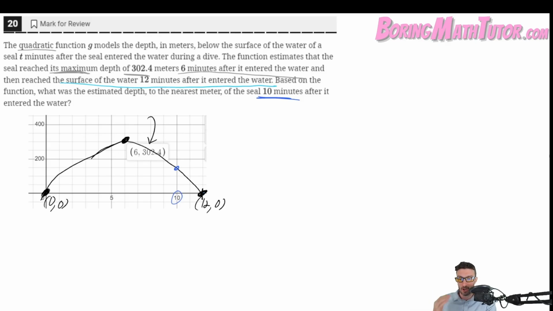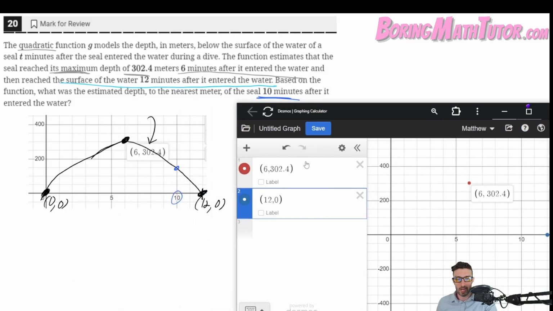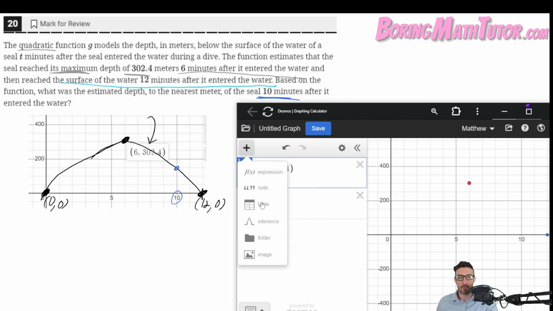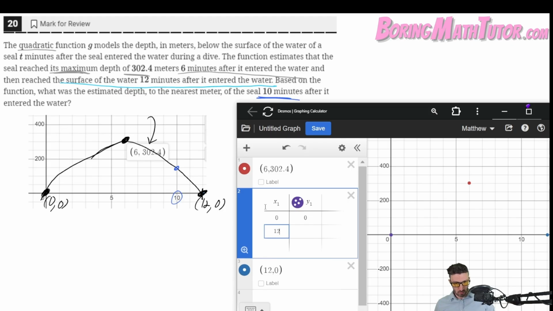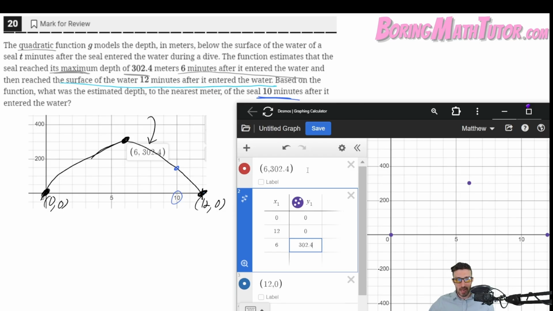Okay, now here comes the Desmos magic. Are y'all ready for it? We need to start by making a table where we go 0, 0, 12, 0, and also 6, 302.4.